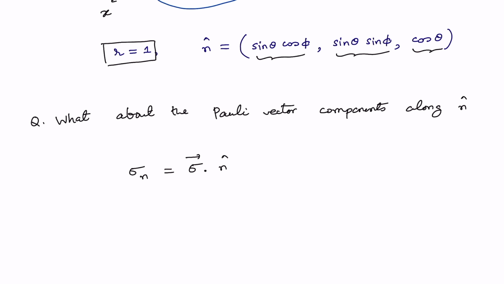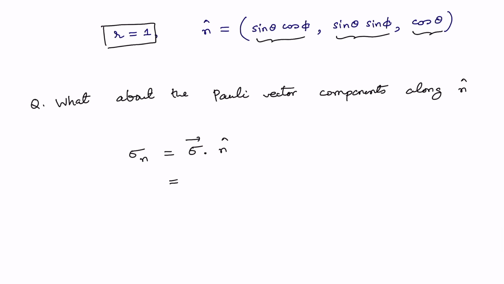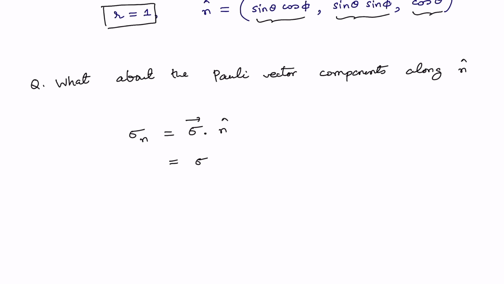It is basically a kind of dot product, though here the components of the Pauli vector are operators, and we can represent these operators in the form of matrices, which you already know.